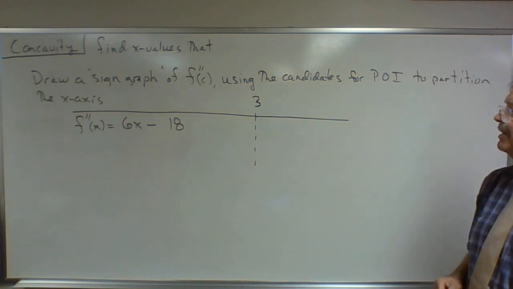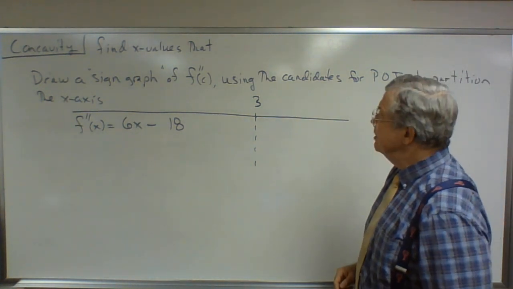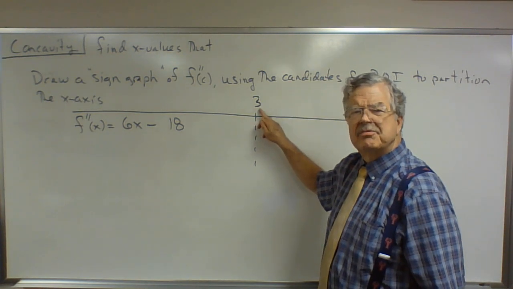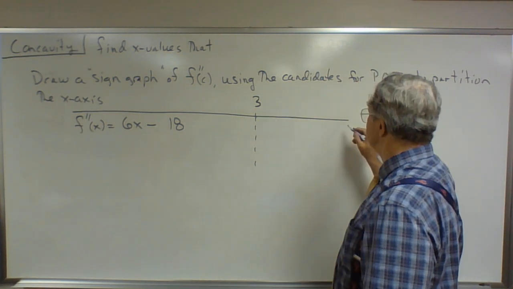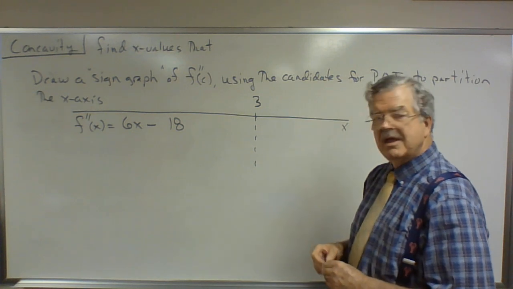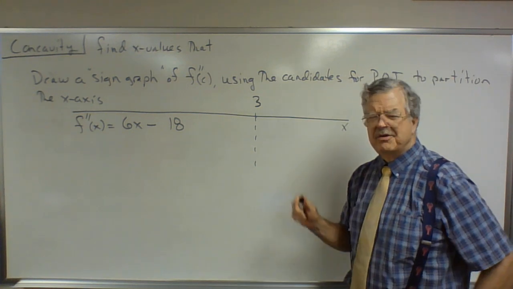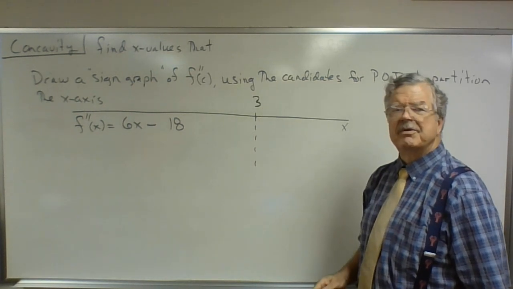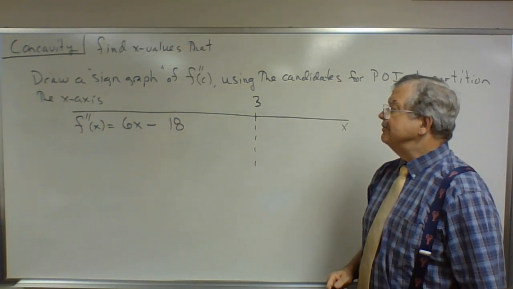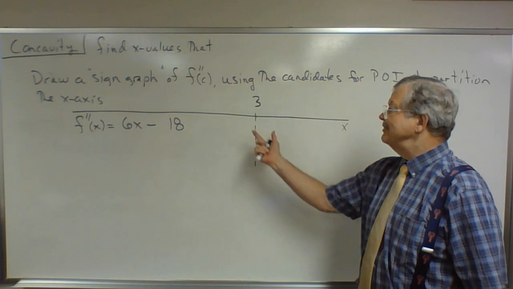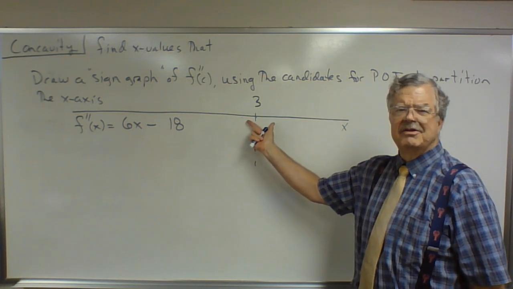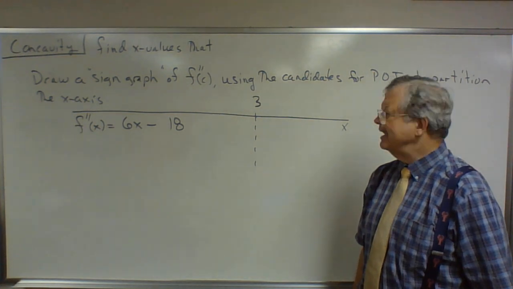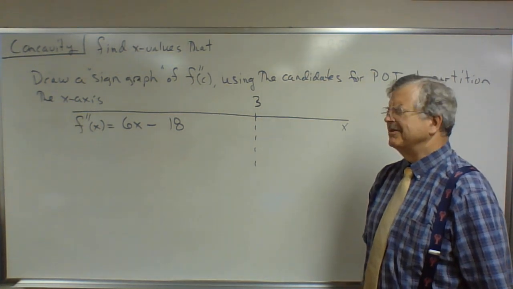We're going to determine whether x equals 3 is actually a point of inflection or not. The second derivative is going to have to change sign at this value in order to have a point of concavity or a point of inflection.